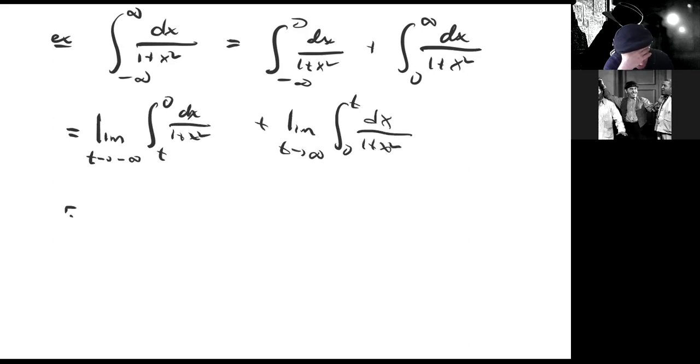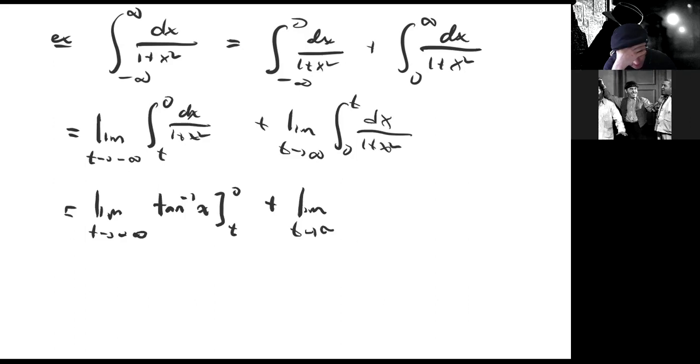Now the antiderivative of 1 over 1 plus x squared is the arctangent function. So we're going to get the sum of these two limits we have to compute.